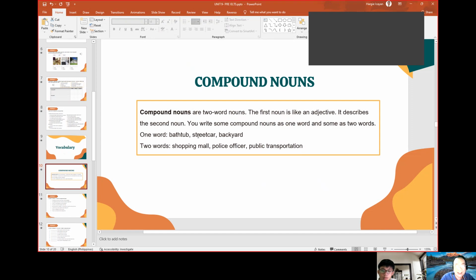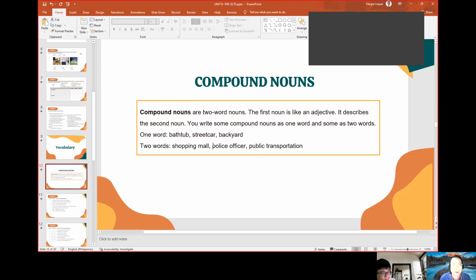Did you get it, Koi? That's why it becomes bathtub. If you take your bath, the tub is a kind of thing wherein you can swim. But if you put together the word bathtub, it becomes only one in meaning, right?